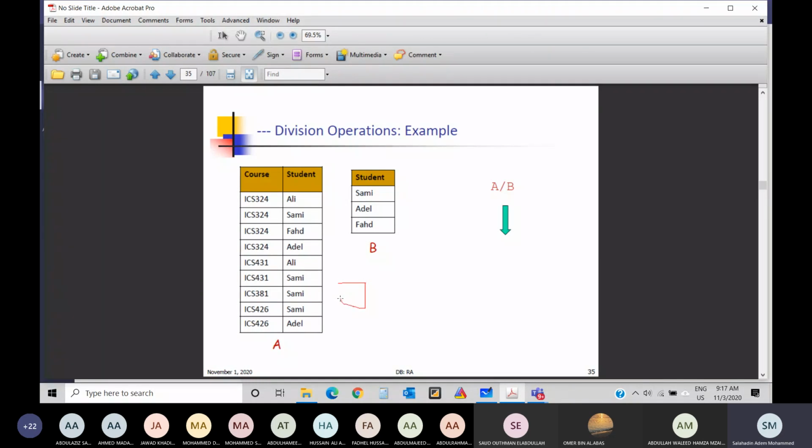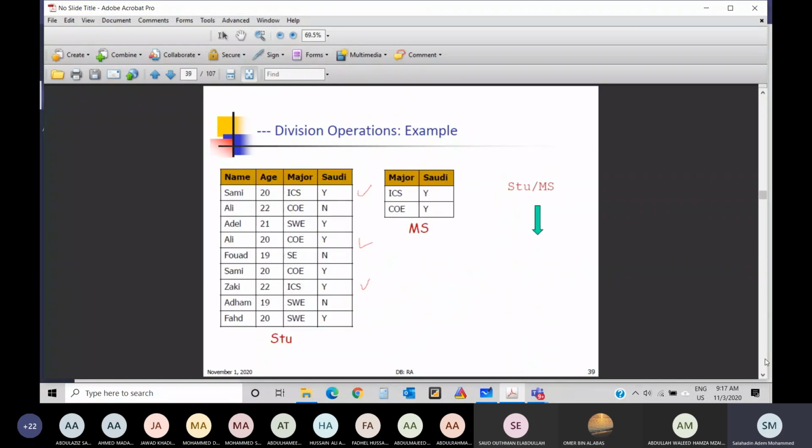I have for Sami, I have for Adil, I have for Fahad, and I have null, right? So when you intersect them, the output is null. So you will get nothing here. All you will get is simply the column written, but without any value. Okay, thank you, Doctor. My pleasure. Very good question. Excellent.